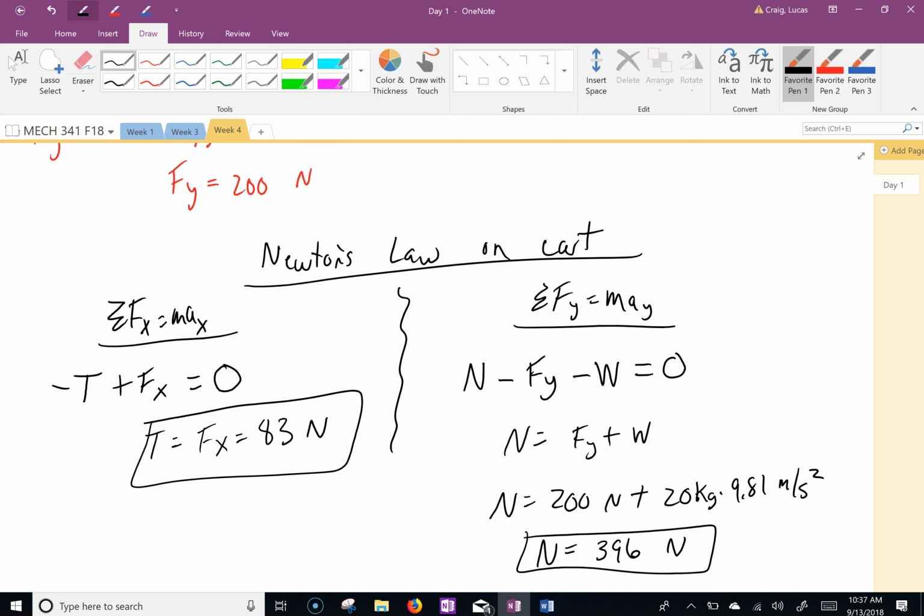Make sense? So, just a few things. If we added the weight of the water on the cart, the normal force would go up, right? There's more weight now pushing down. And if there was friction on the wheels in the x direction, they actually help, right?